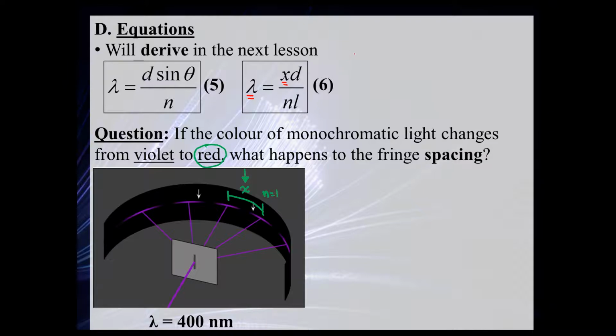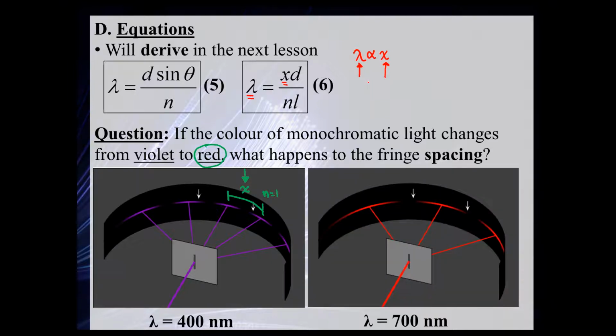Therefore, if everything's constant, that tells you that there is a direct relationship between lambda and x. Well, what happens if you change the color from violet light to red light? Well, the wavelength actually increases. So if the wavelength increases, then the distance from the central maximum to the first bright spot should also increase.